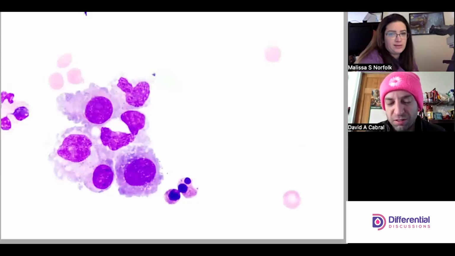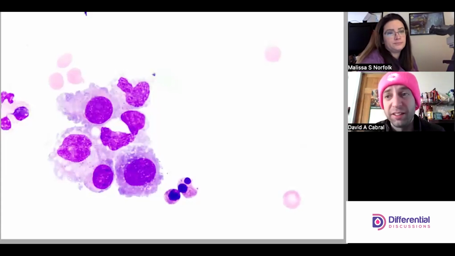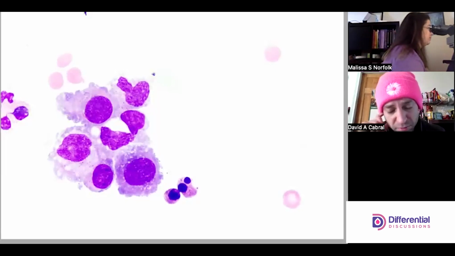I definitely want a path to look at it. Even for that one or two dark clumps, it's good enough for me to have the path look at it. But even without those clumps, I would probably send it because of the number. Whatever the SLP, right?